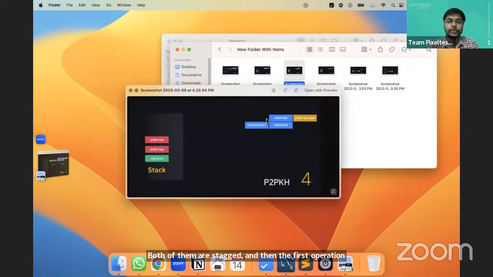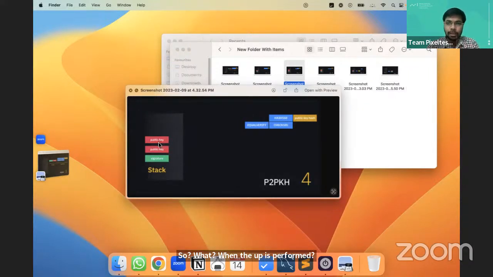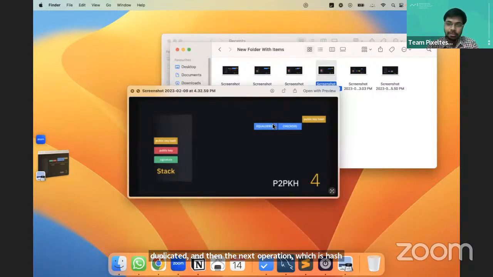So when DUP is performed, the public key is duplicated, and then the next operation, which is HASH160, is performed. What HASH160 does is first do the SHA-256 hashing, and then it will do the RIPEMD-160 hash. So it is double hashed, and that value is retained in the stack.